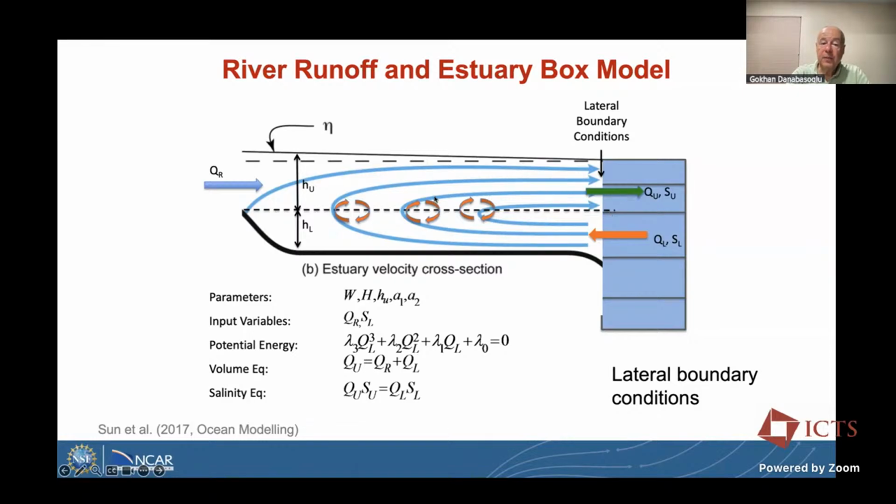And based on parameterizations that happen inside here, exchanges, it then determines what the salinity content should be and how it should be distributed in the vertical. We have used this not for all of the runoffs, but I think for about 19 primary rivers, Amazon, Congo, and others. So this is clearly a more realistic representation of the river runoff and estuaries.